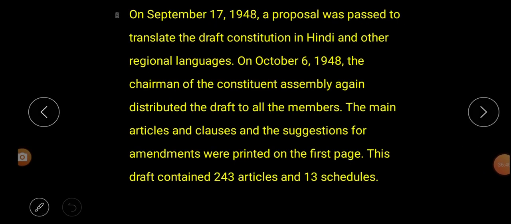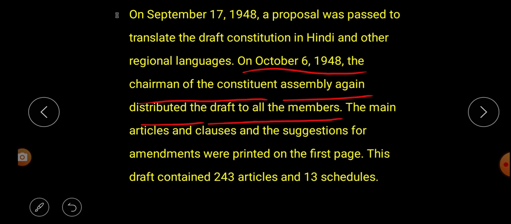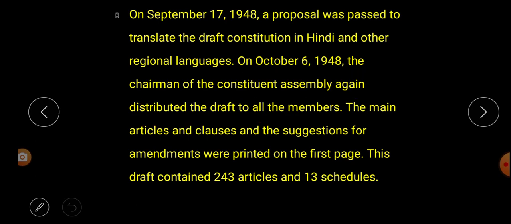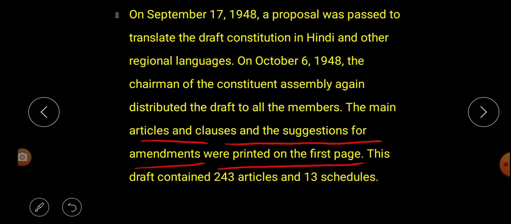Next, on October 6, 1948, the chairman of the Constituent Assembly again distributed the draft to all the members. For what? The main article and clauses and suggestions for the amendments were printed on the first page.